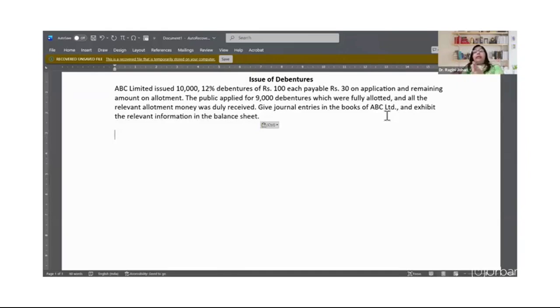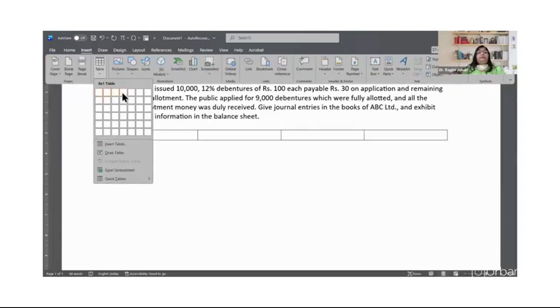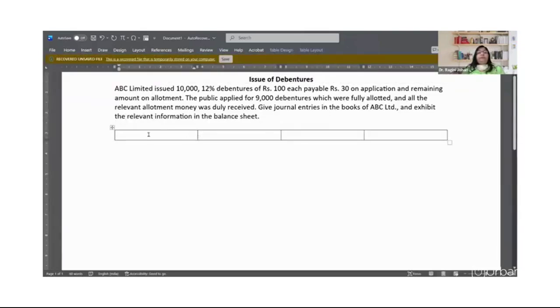In this case, two installments are fixed: 30 rupees on application and the remaining 70 rupees on allotment. The public applied for 9,000 debentures, which were fully allotted, and all the relevant allotment money was duly received. So we have to pass the journal entries. Let's pass the journal entries here.